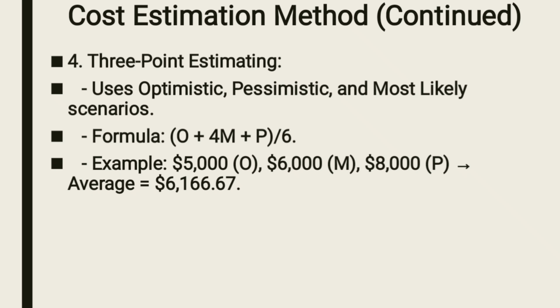If we put those numbers into the formula, 5,000 plus 4 times 6,000 plus 8,000, the whole divided by 6, the answer is $6,166.67. So that is 3-point estimating.